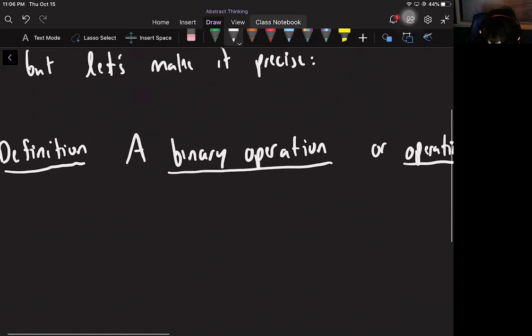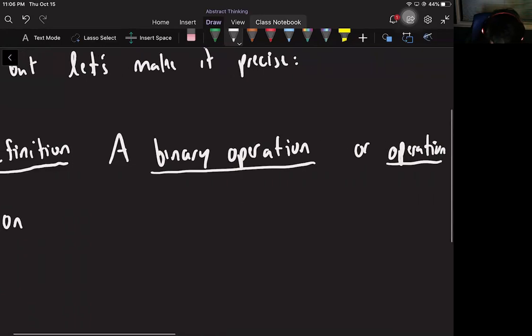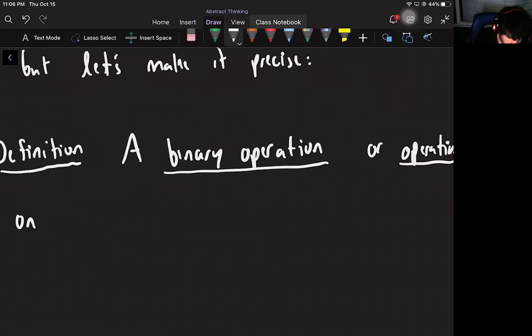A binary operation, or just operation, is something which you sort of attach to a set. So addition is attached to some kind of number set. It could be the real numbers or the integers or something. So we say that an operation is on a set. So a binary operation, or operation on a set A, is actually a function.